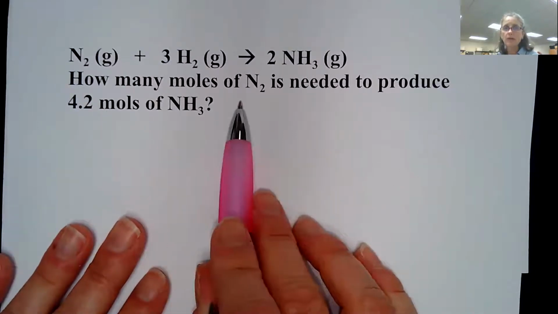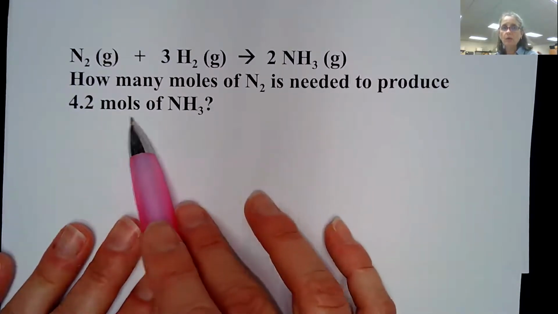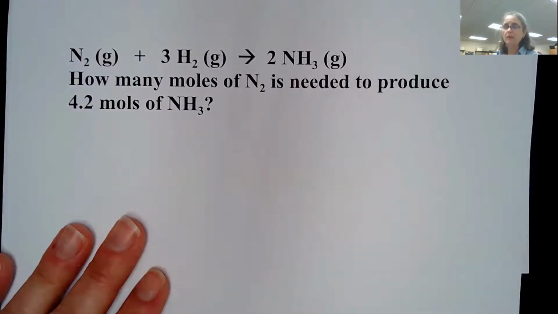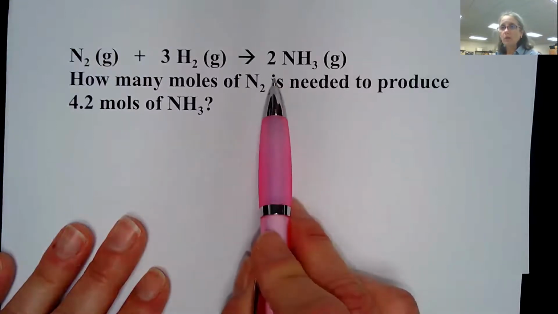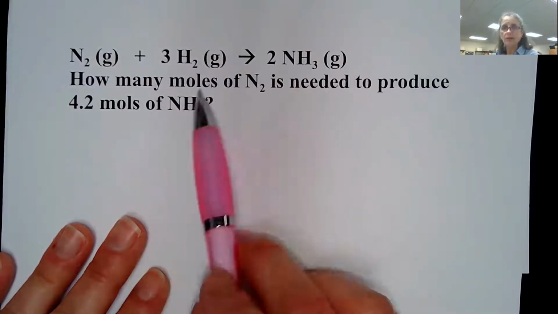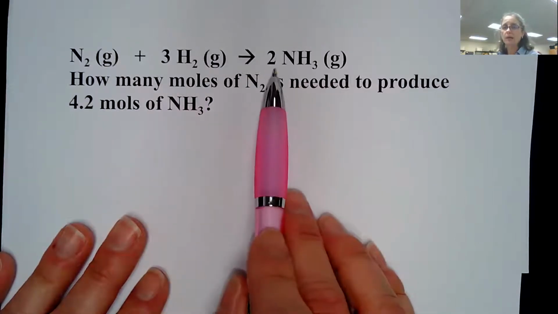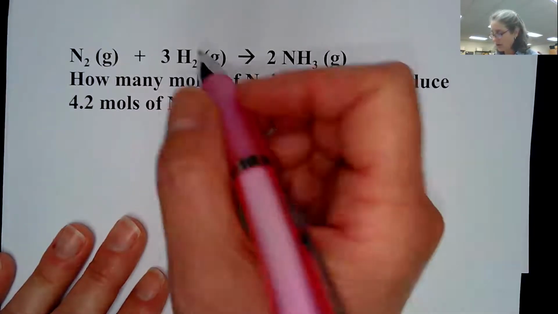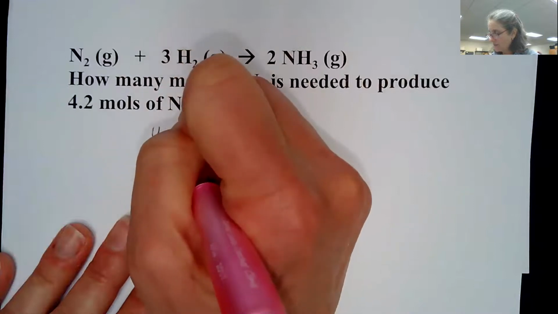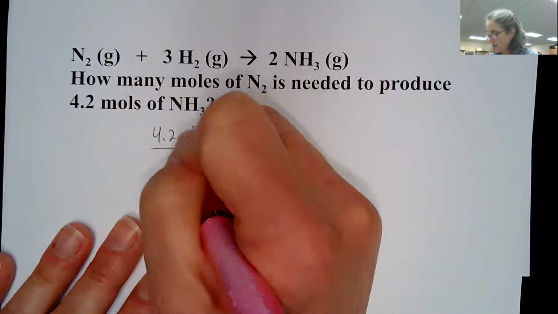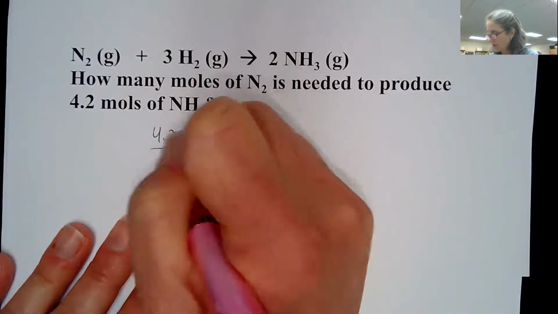So using that same balanced chemical equation, let's try this one. How many moles of nitrogen are needed to produce 4.2 moles of ammonia? Just like a recipe, we want to make so many brownies, we start with the product and work backwards. It doesn't matter whether you're starting with a reactant or a product, you always have the same relationship. So I could take the 4.2 moles of ammonia and ask how many moles of nitrogen that is going to be.